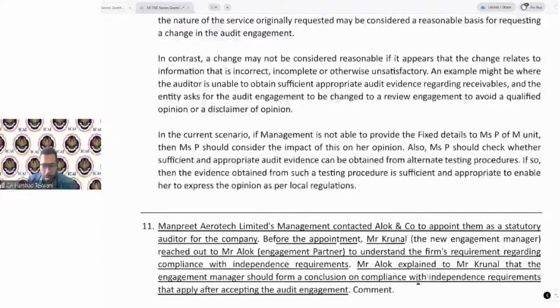So that is the scene here. The question is whether the independence requirement with respect to SA 220 is applicable before accepting the audit engagement or after accepting the audit engagement.